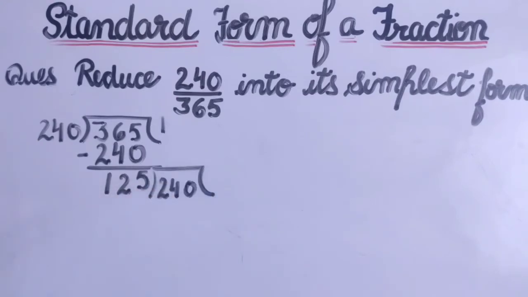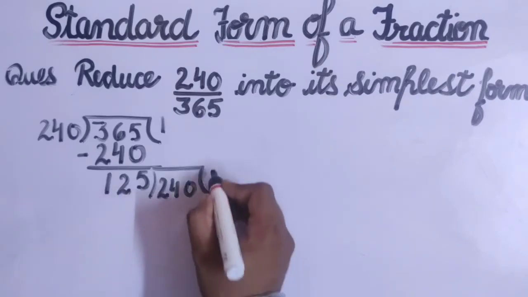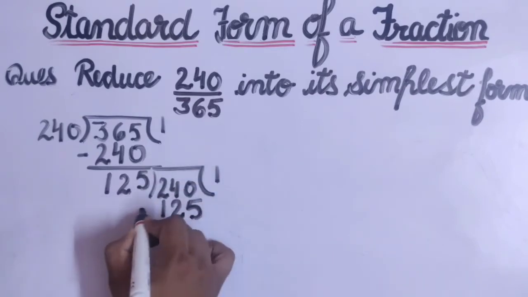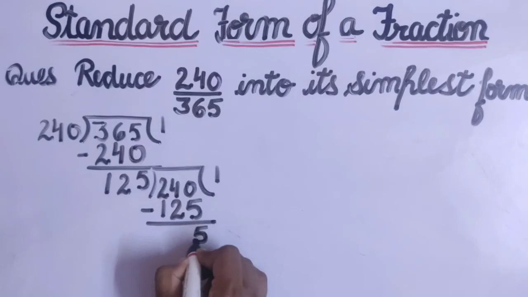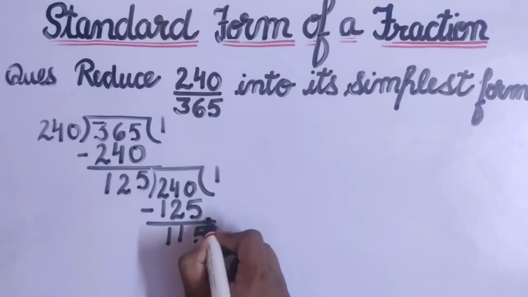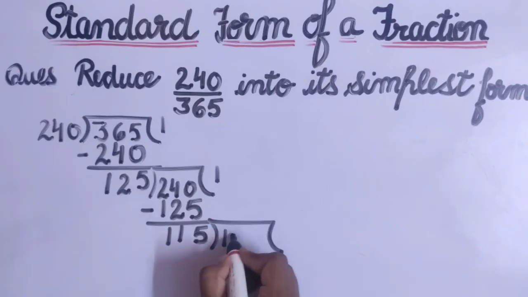Now once again we will divide. Yes students, if we divide 240 by 125, it will go once, 125. Then the answer will be 115. Remainder is 115. Now once again remainder will become divisor and divisor will become dividend.